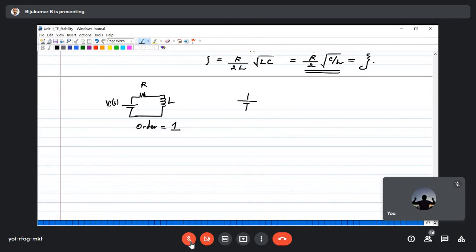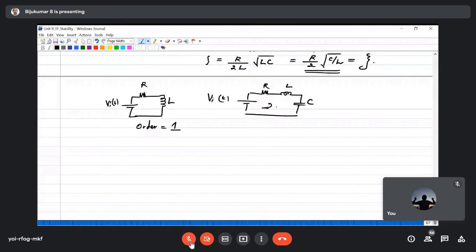Now we added one more energy storage element, right? In this circuit, R is the dissipative element, and L and C are the energy storage elements. So what is the order of the system? 2. So what do you observe from this?